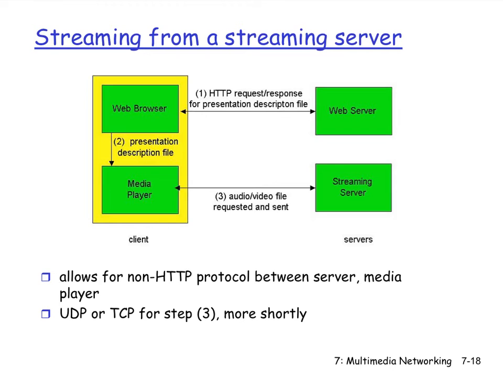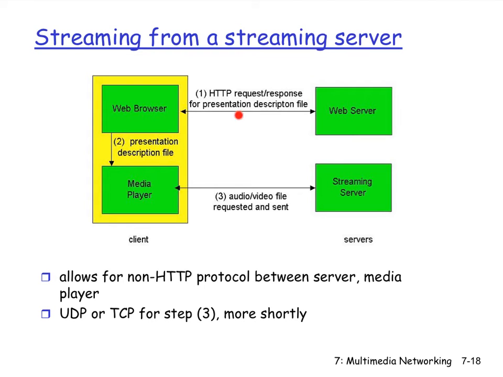So why is this separation? This separation actually allows you to use each server in the most optimized way possible, and also because HTTP is not perfect in terms of streaming, right? The other thing is that it allows you to use a separate protocol for fetching the meta file and for streaming itself.